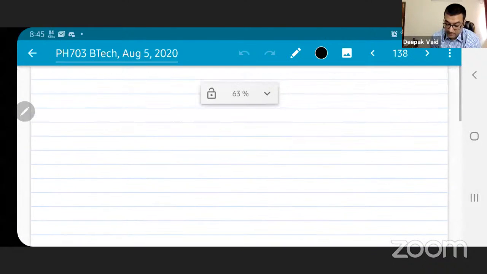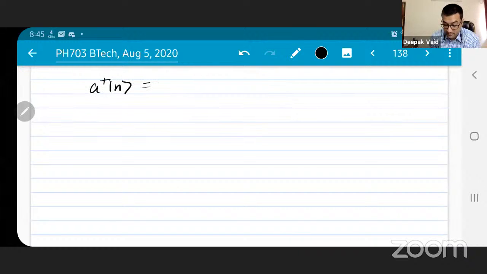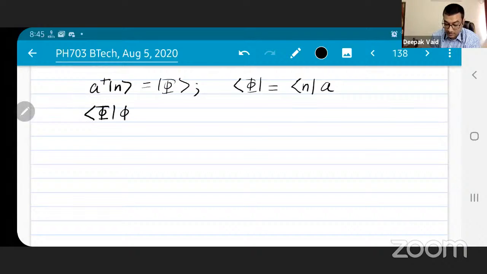So what do I have finally? I want to take the norm of A dagger |n⟩. So this is phi, and then the bra vector is this expression. If I take the inner product of these two, I get ⟨n|A A dagger|n⟩.